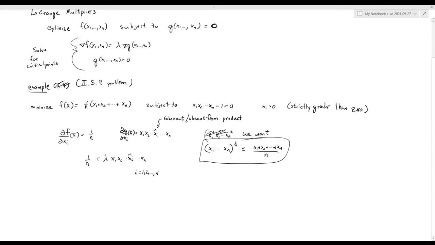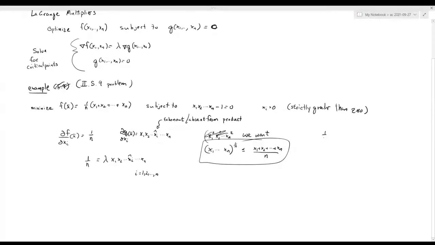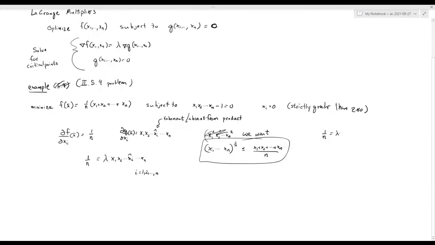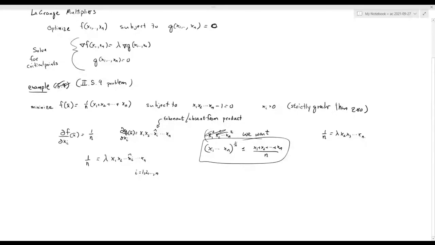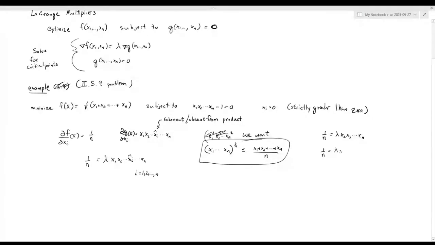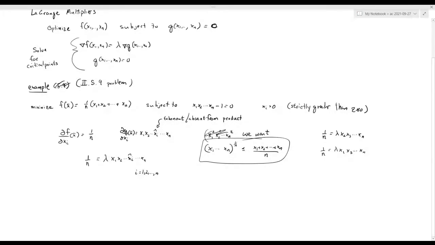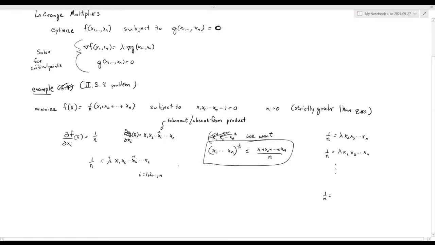As opposed to writing this, I could write it like so, as an alternative. The derivative of f with respect to x1 is equal to a multiple of the derivative of g with respect to x1. The derivative of f with respect to x2 is equal to lambda times the derivative of g with respect to x2. So you see how that's a little laborious, but you could do that if you're not comfortable realizing this denotes that you actually have n equations right there.